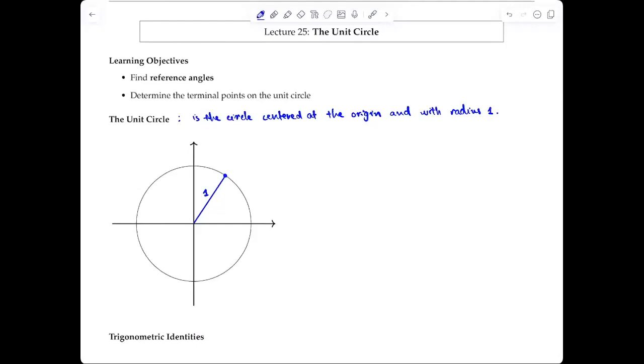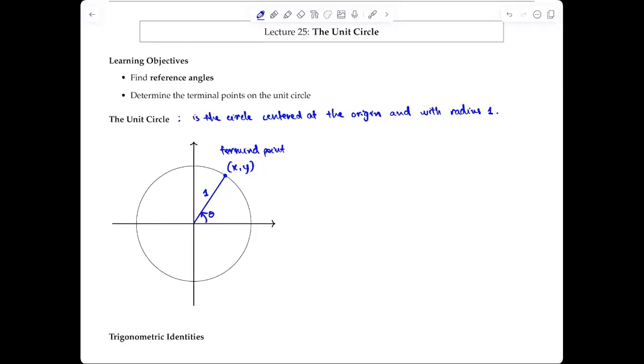And on the terminal side, you have a point on the unit circle, called the terminal point. In this angle, positive rotation is counterclockwise. So this is the angle theta. And this point you see here, x comma y, is the terminal point.